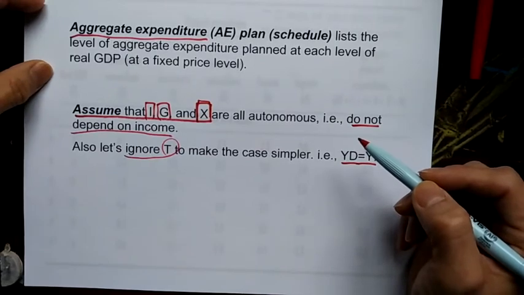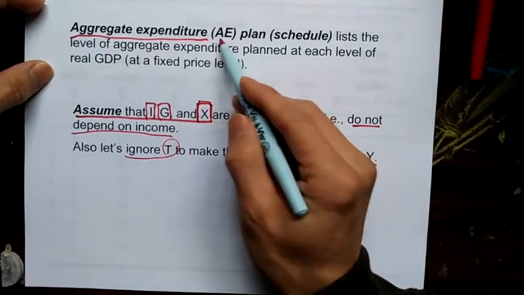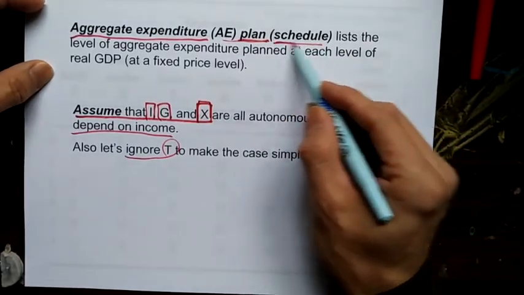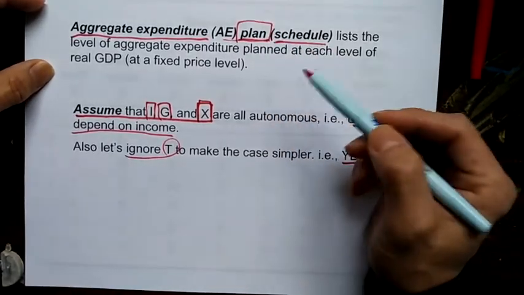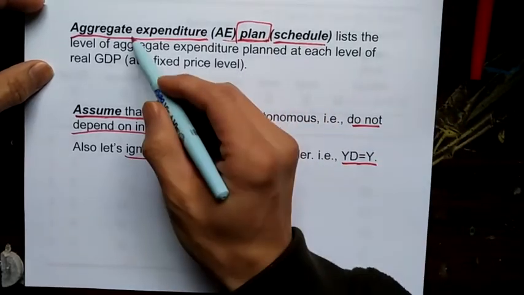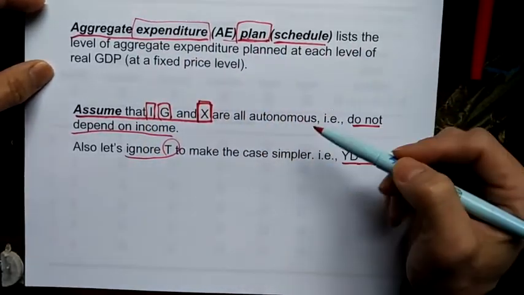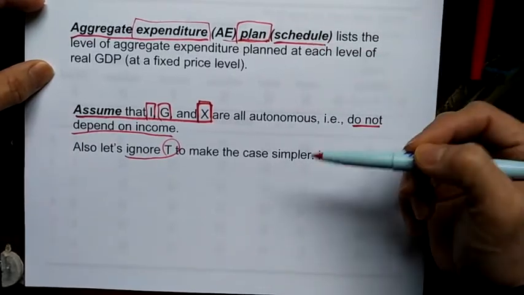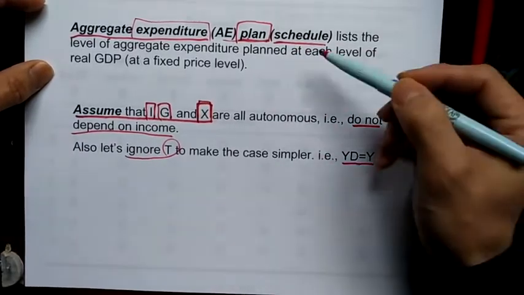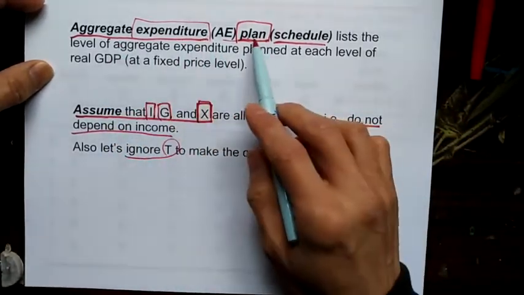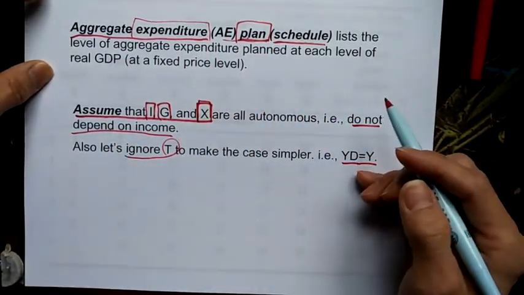That is, we want to show our aggregate expenditure plan or aggregate expenditure schedule. What plan? Your total expenditure depends on your income, so that's your plan. When you have higher income, you have higher expenditure. When you have lower income, you spend less. That is your expenditure plan.